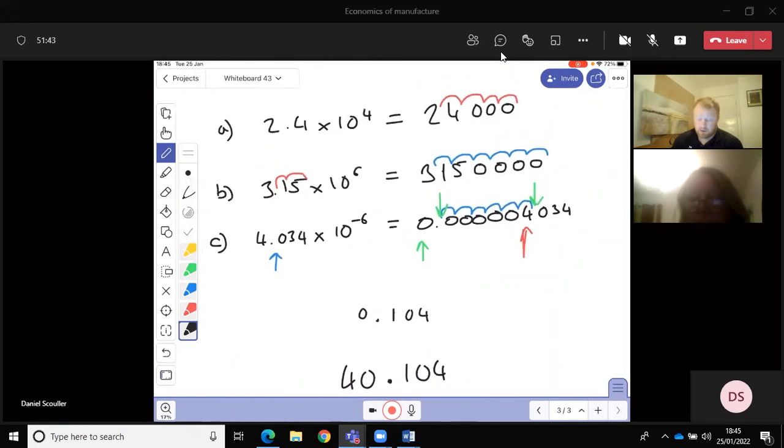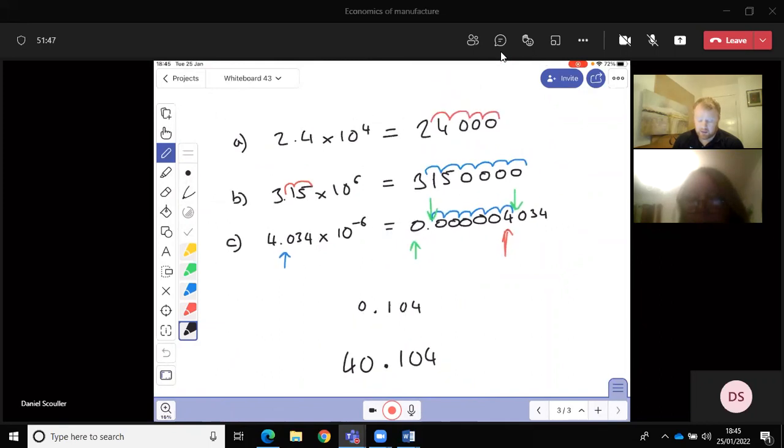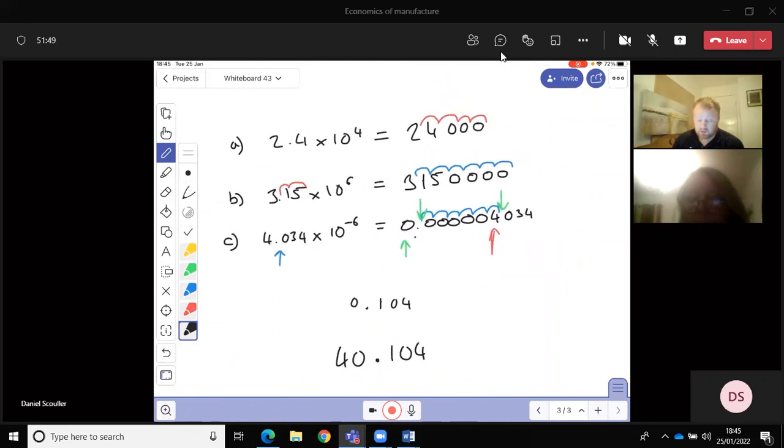So very small numbers like 4.034 times 10 to the negative 6 have to start with 0 because it's less than 1. So for that, there would never be a number in front of that 0. For a small number, we need to start with a 0 because mathematically that's just the way we write it out.